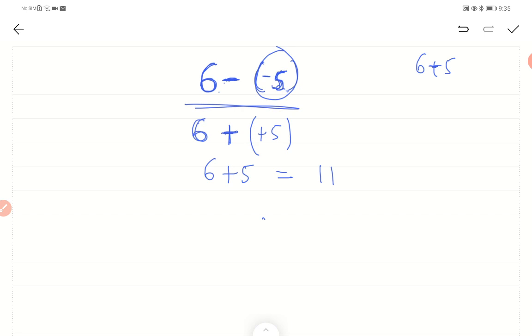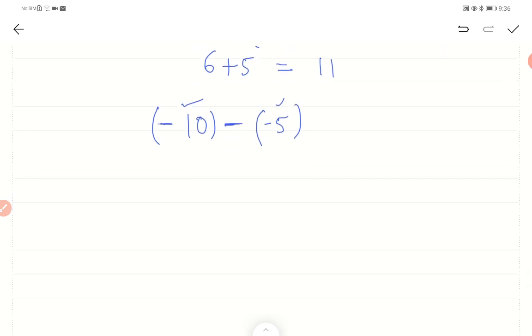Now if I take a number like subtracting minus 5 from minus 10, this is a negative integer subtracted from a negative integer. So I have two negative integers and I am subtracting them.